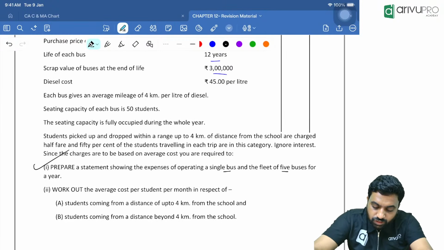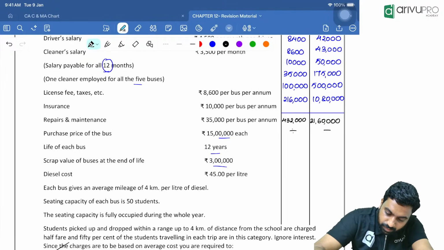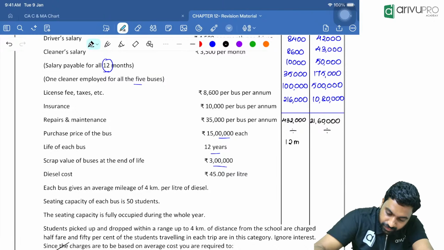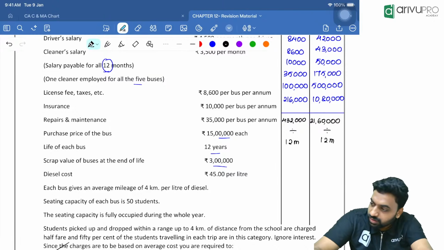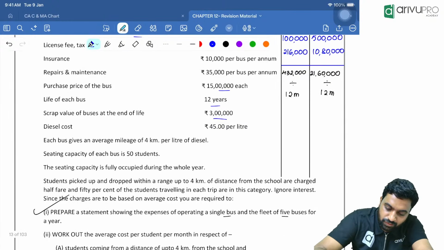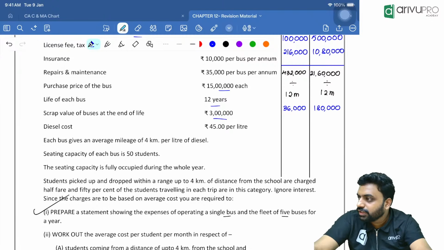Second, work out the average cost per student per month. So first let's divide the total cost to monthly cost. And we are charging per month for 12 months also. So straight away I will divide by 12 only. Okay.